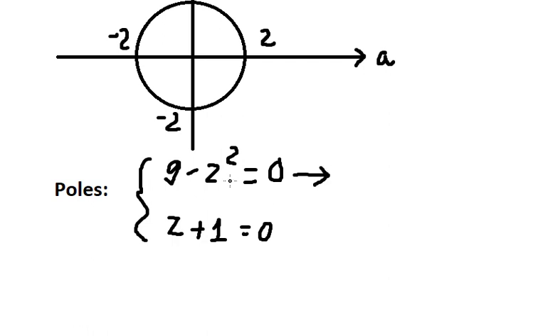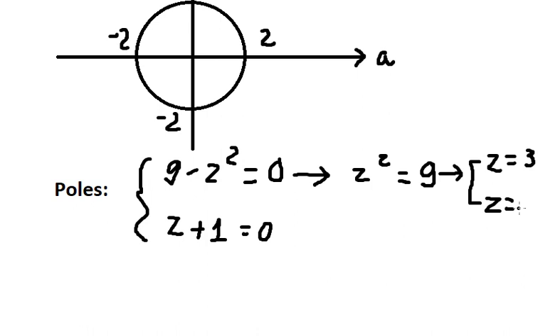So in this one, we have z squared equals 9, and we take the square root of both sides, and you get z equals 3 and z equals negative 3.